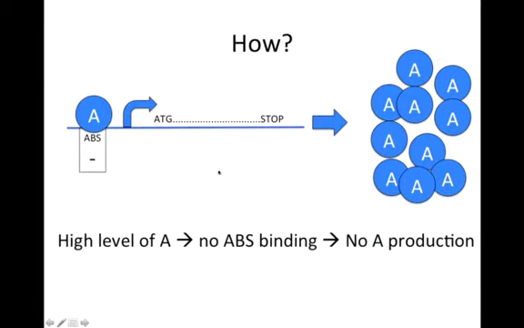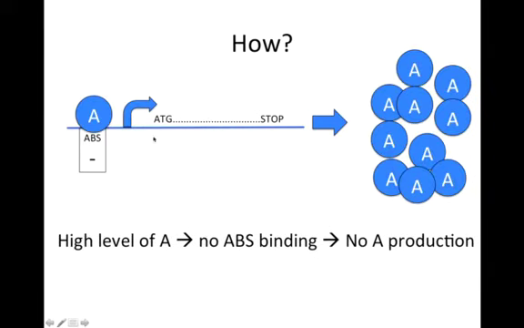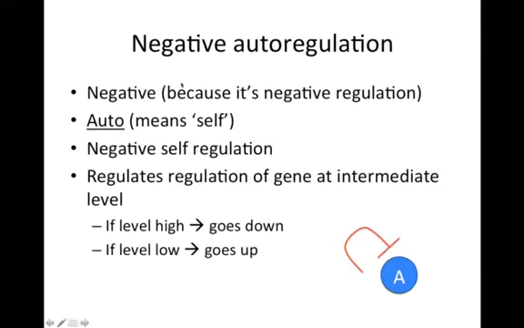So if we think about what that means, we're going to get a medium amount, right? We'll continue to produce protein A until we have enough that it comes over and shuts itself off, so we'll have kind of an intermediate amount of A. And so we call this negative autoregulation.